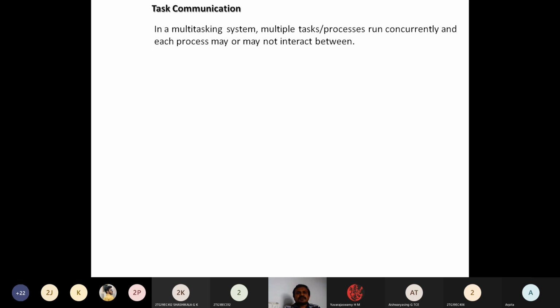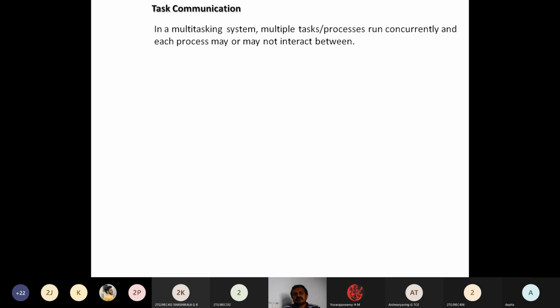Let us move towards how communication happens between tasks, because here we are working in an embedded system where processes or tasks work concurrently.